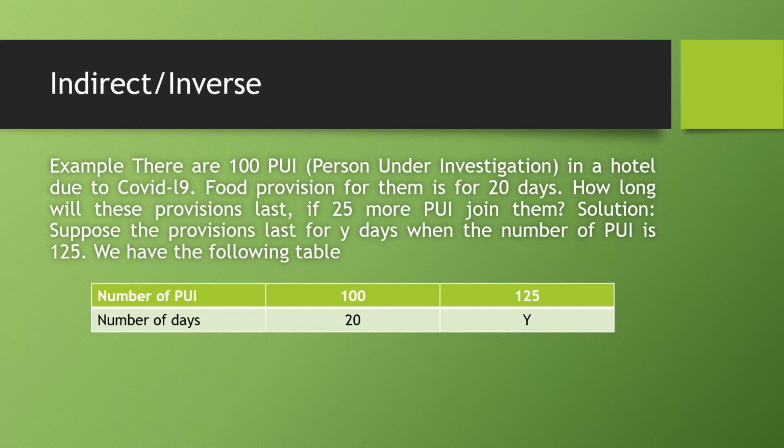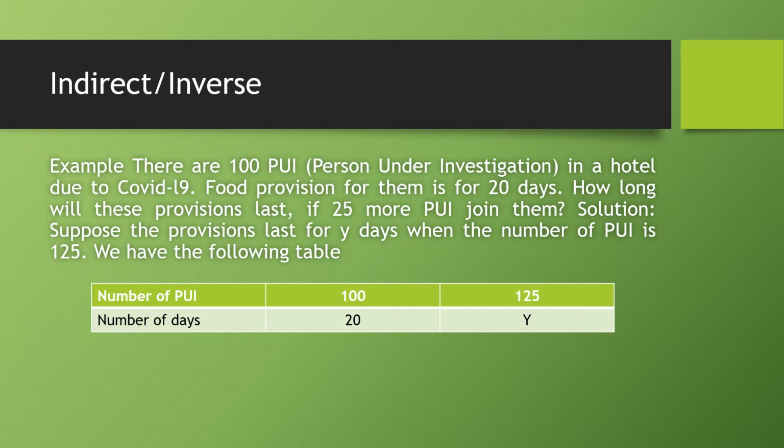So, there are 100 PUI in a hotel due to COVID-19. Food provision for them is for 20 days. How long will these provisions last if 25 more PUI join them?